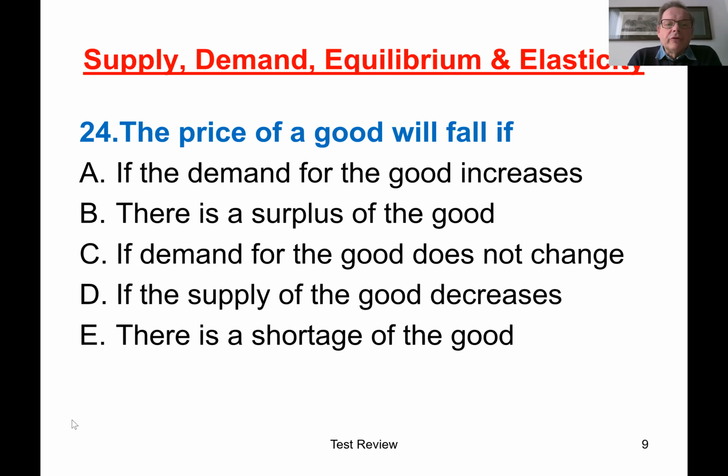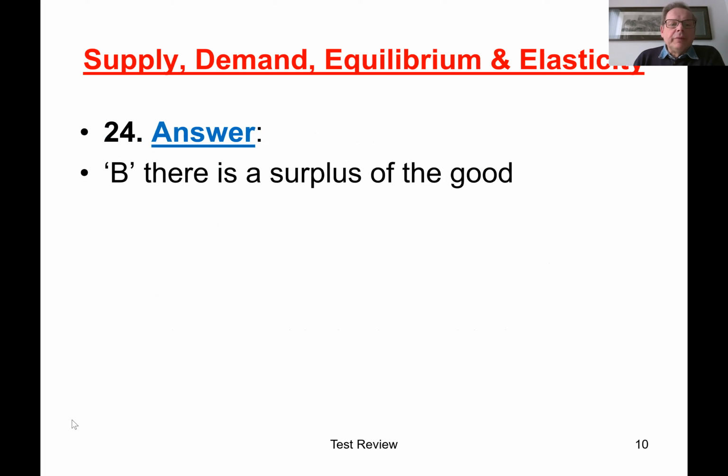The price of a good will fall if A, B, C, D, or E. And our answer is B, there is a surplus of the good.